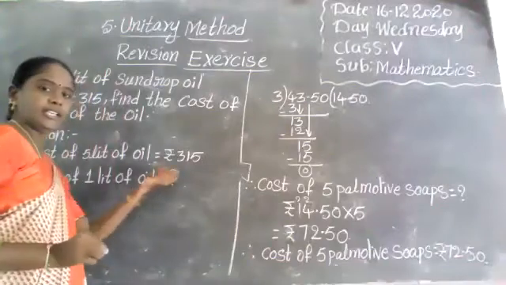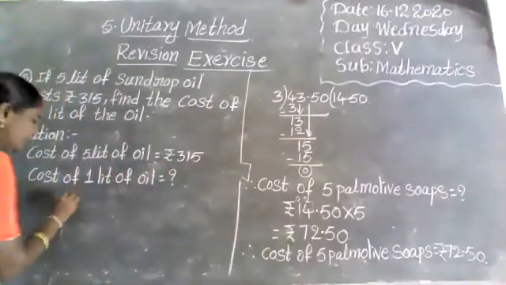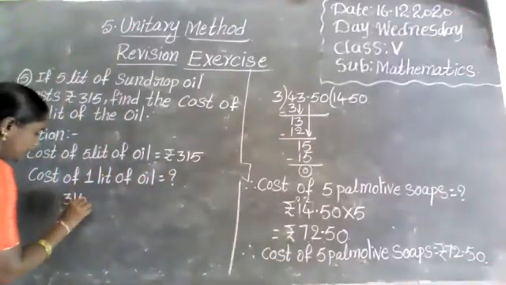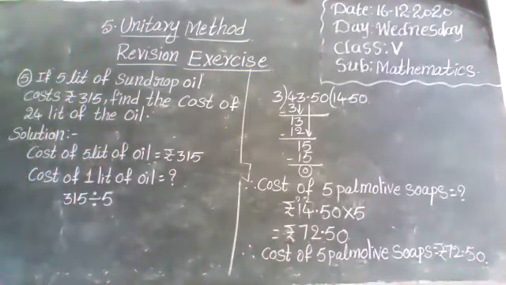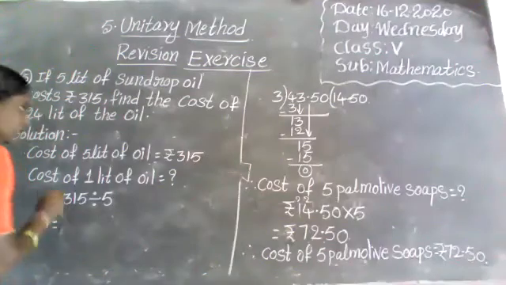What do we do? 315 divided by 5. Do the division.